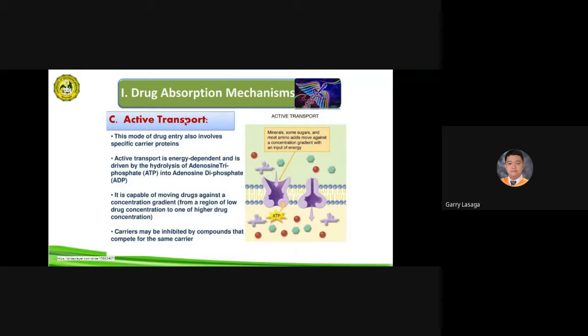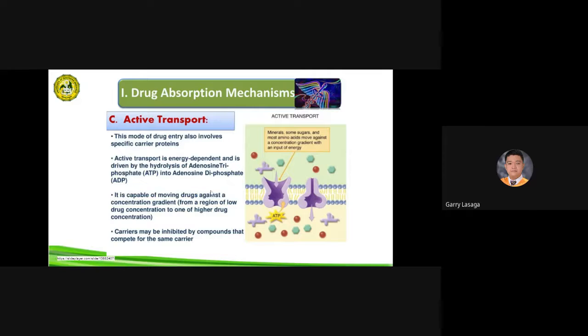The next type of drug transport mechanism is active transport. From the word itself, active, meaning it requires energy. It is energy dependent and it uses ATP in order to achieve its function. It also involves the presence of specific carrier proteins.